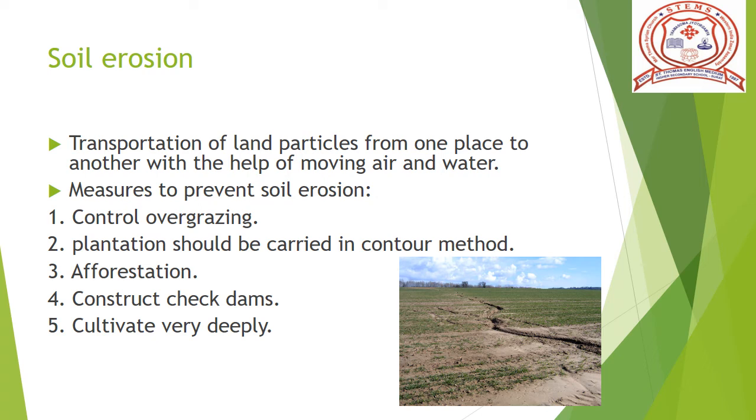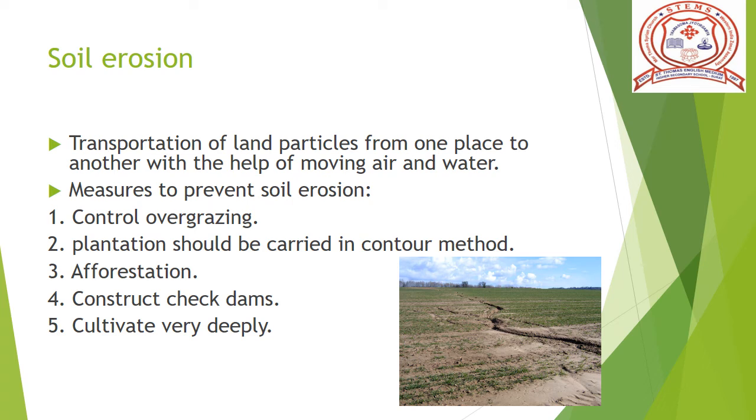In dry areas, particularly in deserts, winds carry with them a lot of topsoil and deposit it in other areas. Soil erosion in certain areas has become a danger. It does not allow farmers to grow crops and thus affects their prosperity. So we have to control soil erosion.